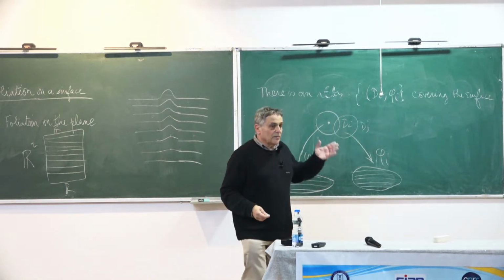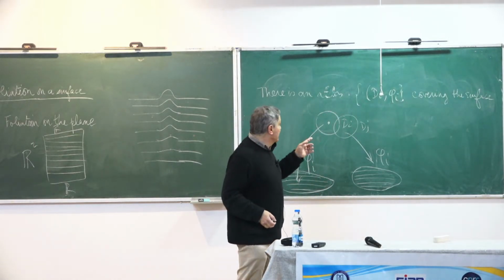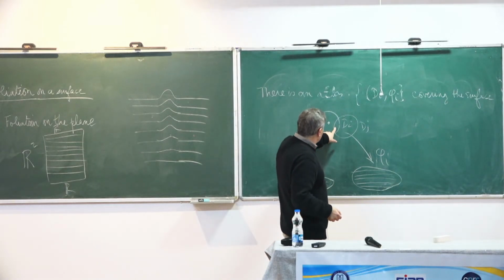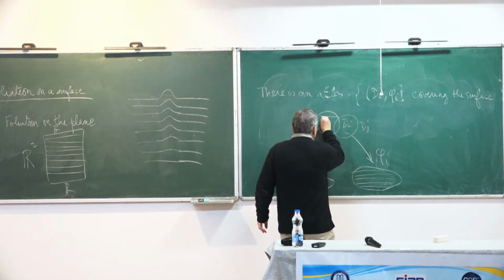So what do I get on my surface? At each point of my surface, I get a well-defined notion of line.